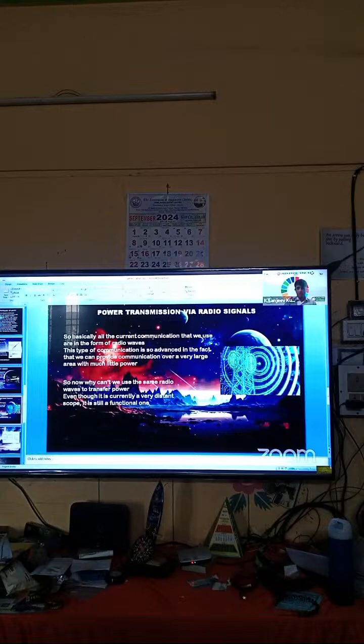So instead of sending this information, we can directly transmit power over a large area, and we can receive this signal through a receiver, and the receiver will gain this radio wave and convert it into electric power or some other wireless form of energy. Next we are going to see how these systems work. Can you please switch to the next slide?